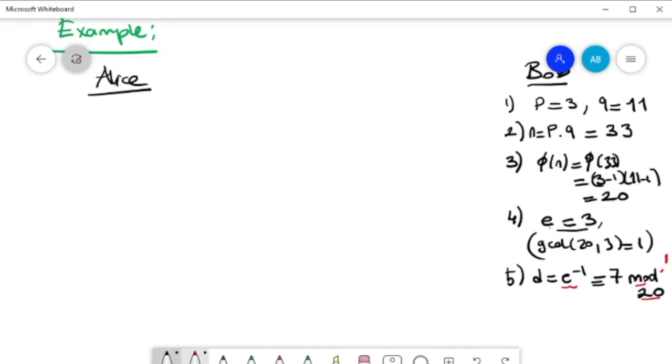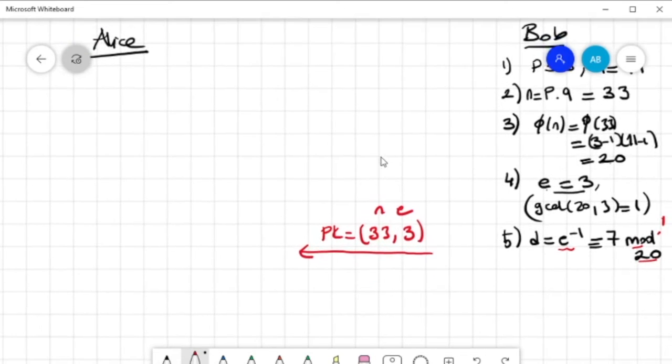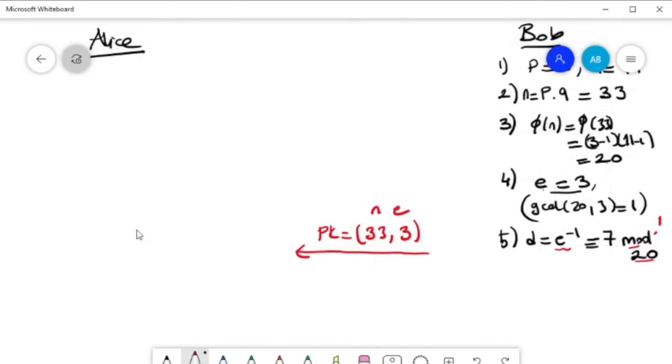Now Bob can send its public key to Alice, which is PK, which was 33, N and E. This is N and E. Now Alice can encrypt some text to send to Bob.